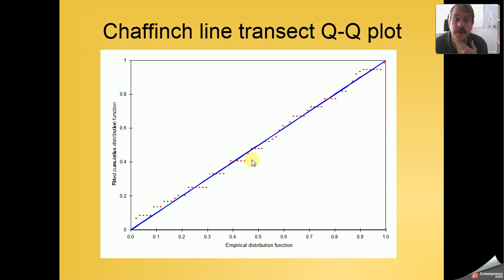So we can see there is some lack of fit. That lack of fit seems to be most pronounced in this area, and it gets less pronounced as we get farther away. The question then becomes, is that discrepancy sufficiently large for us to cast doubt upon the hypothesis that this particular detection function model fitted these data.